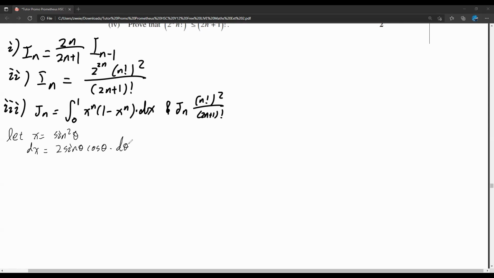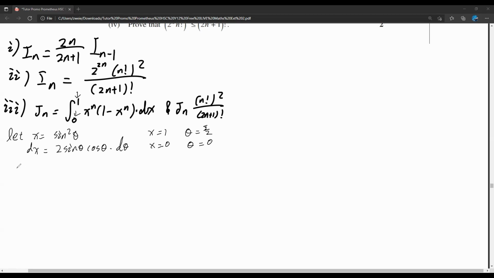Now, don't forget, you also need to replace your boundaries. So when x equals 1, your theta is equal to the square root of 1, so just sine inverse 1, which means you're going to get pi on 2. When x equals 0, your theta is just going to be 0. I think everyone understands this step.